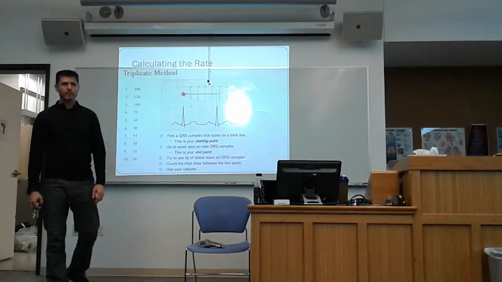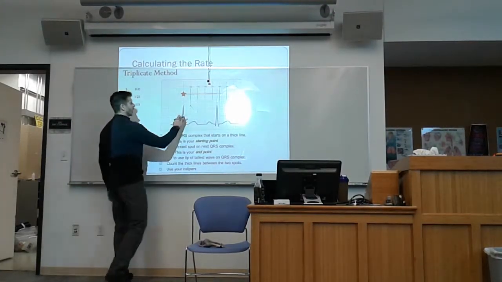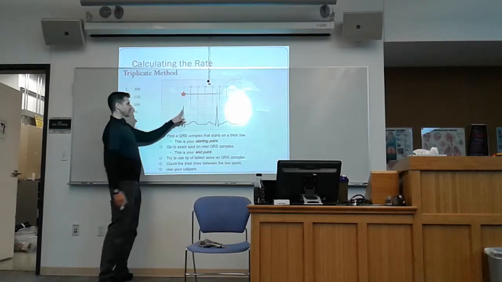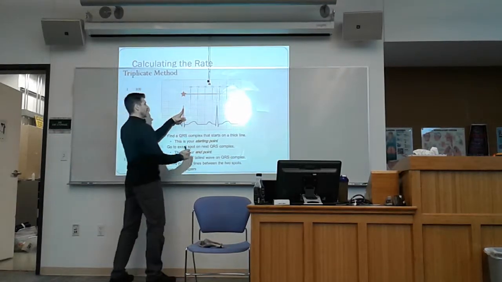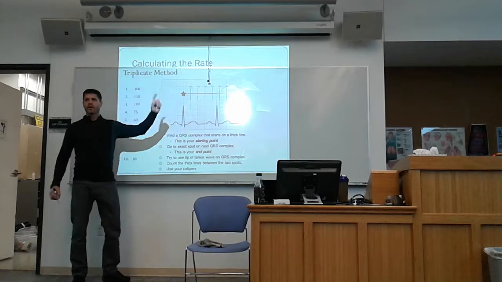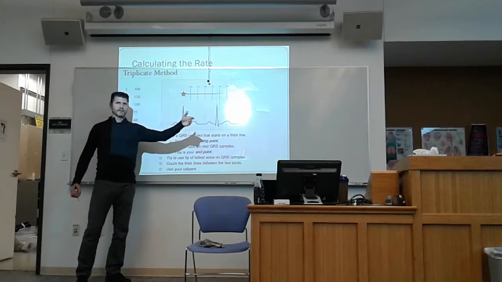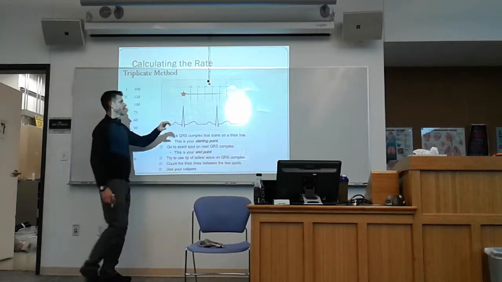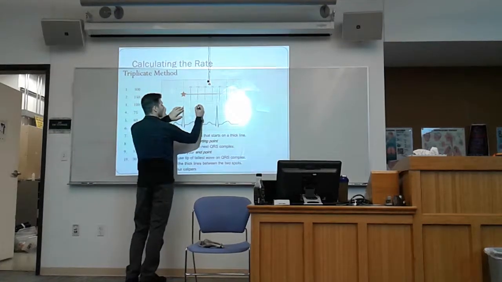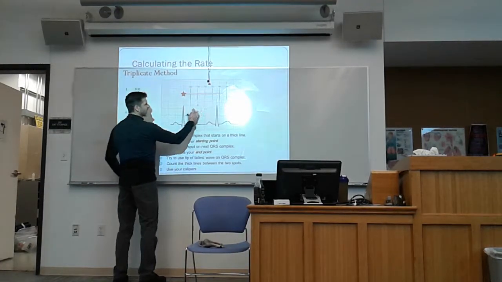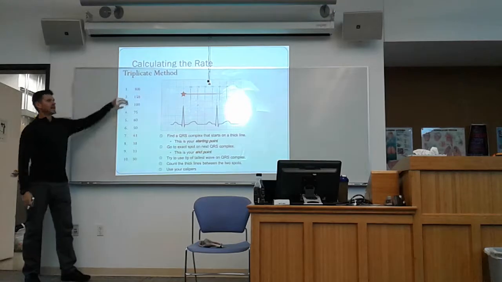If this is my first QRS complex, and I'm in a regular rhythm, so all the QRS complexes are coming regularly for the purposes of what we're talking about here, and my next QRS complex lands here, which is on the second big line, then it would be 150.